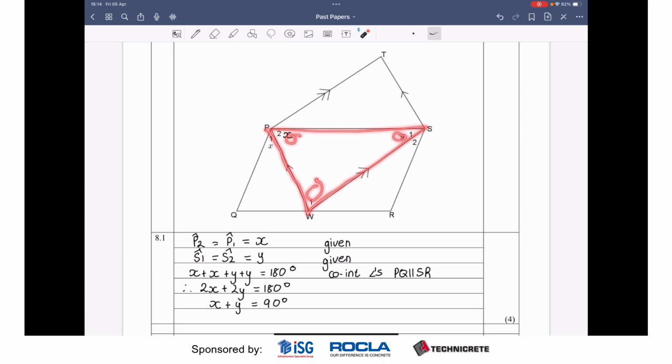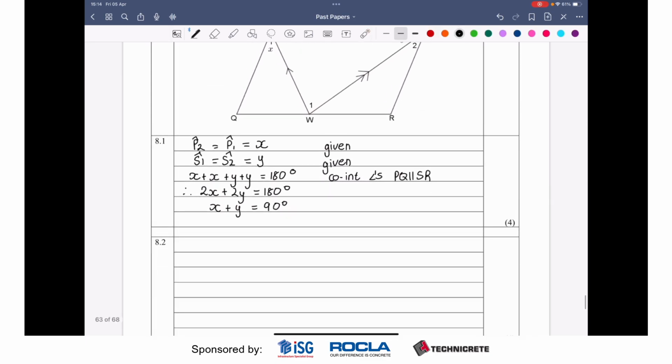But I already found that x plus y is equal to 90, which means that 90 plus W1 must equal 180. So therefore W1 is 90 degrees. And so if I've proved that W1 is 90 degrees, then I've proved that one of the angles in this parallelogram is a right angle, and that's enough to prove that the parallelogram is a rectangle.